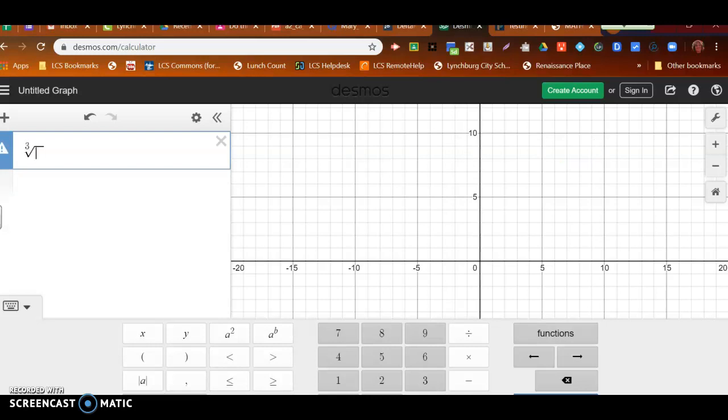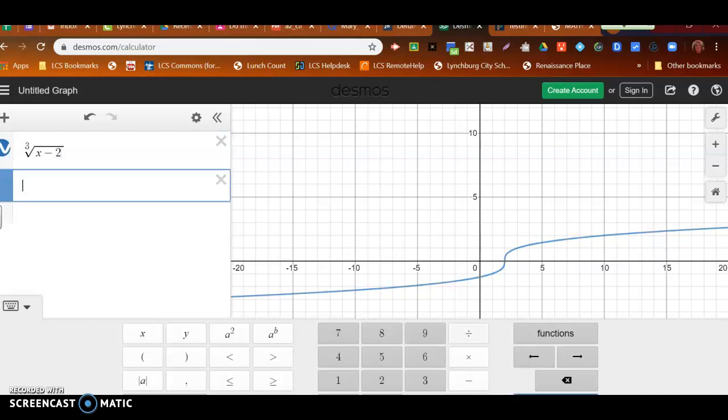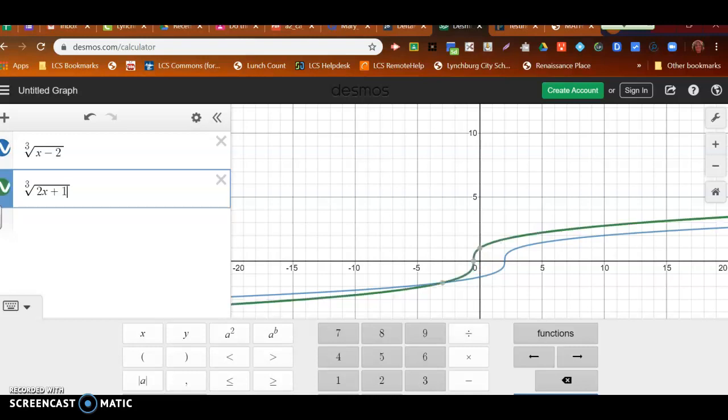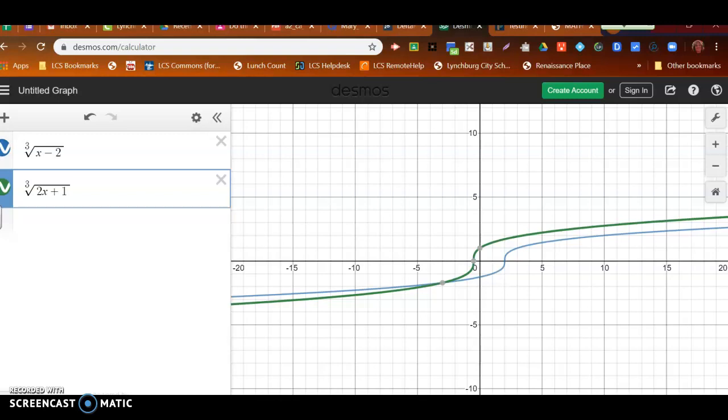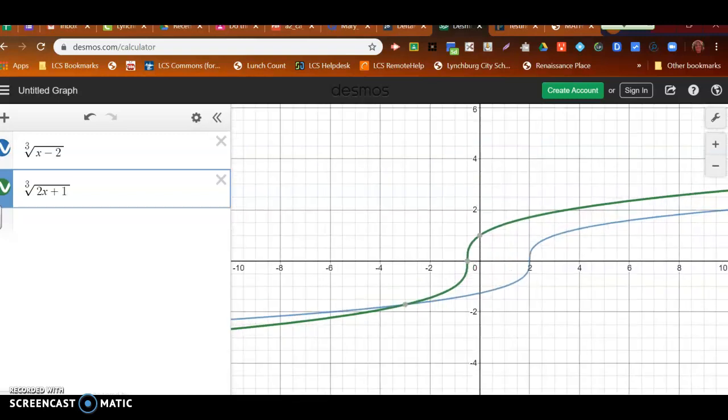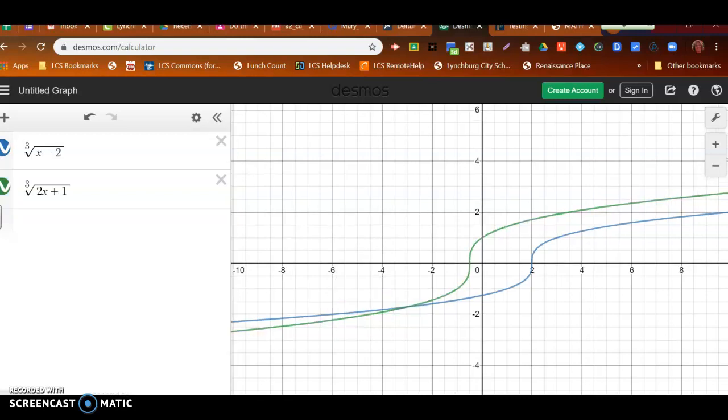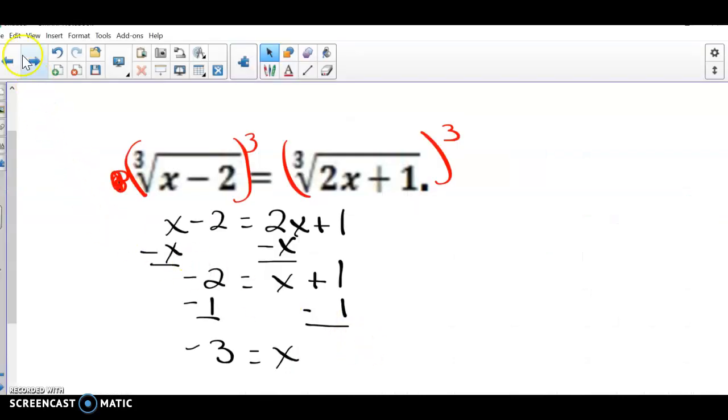So the first one is the cube root of x minus 2. Second one is going to be the cube root of 2x plus 1. And here they came up so that we can see these. So our answer there is a -3, and that's what we got when we solved it.